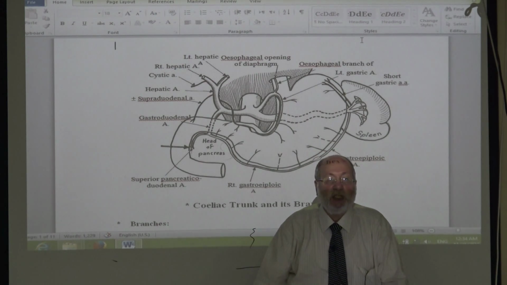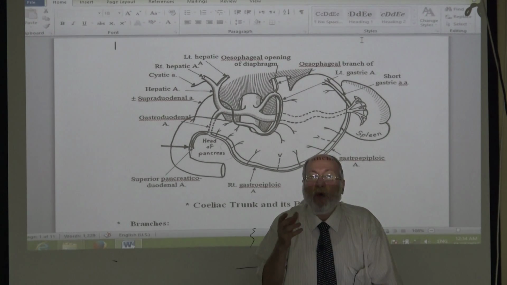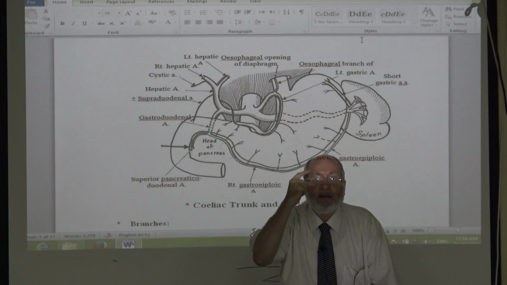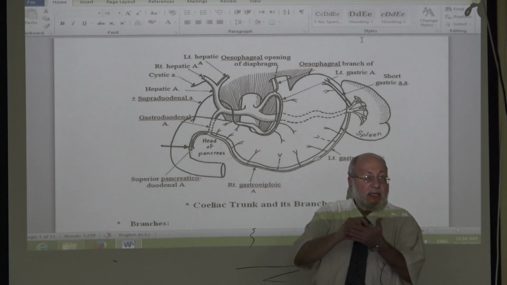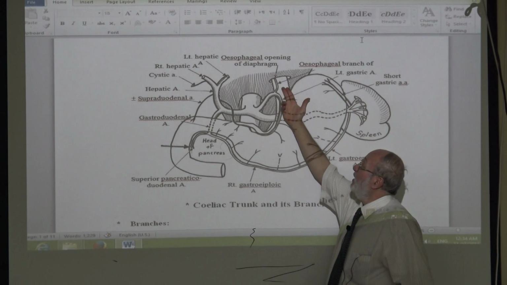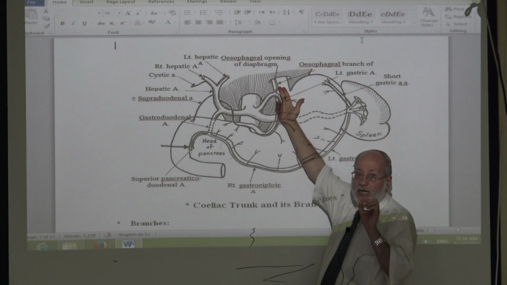What are the structures derived from the foregut? What do you suspect that the celiac trunk will supply? Right, this is the abdominal part of the esophagus, foregut.